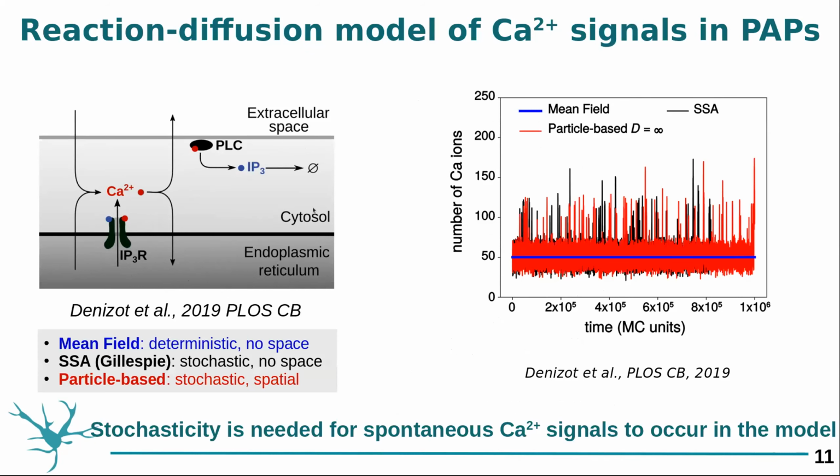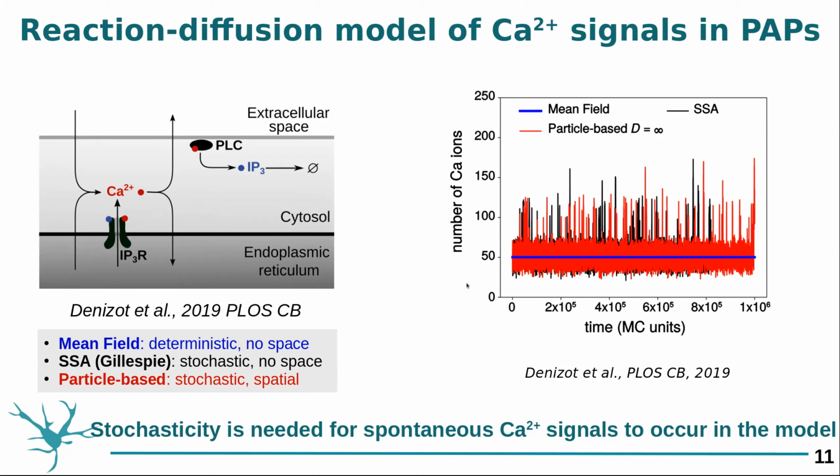And first of all, we have investigated the behavior of this model by implementing it with different computational approaches, from a mean field non-spatial model to a non-spatial model that does take into account the randomness of the reactions here in black, as well as reaction diffusion models, so both spatial and stochastic, here in red.